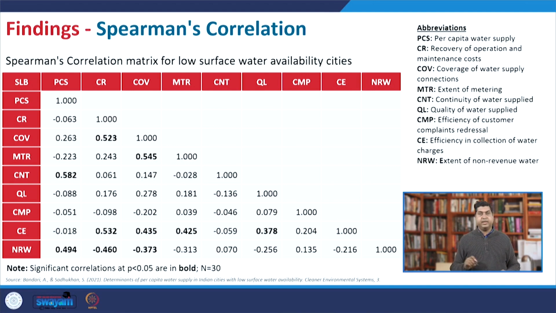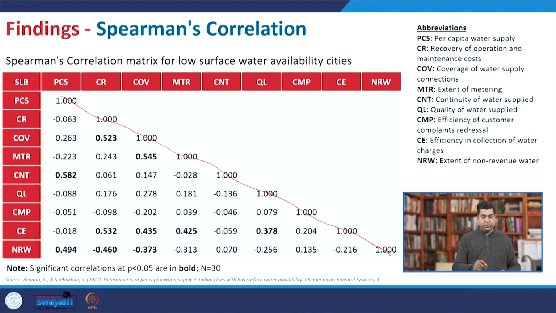This is what a correlation matrix table looks like, where you have all the variables in rows and all the variables in columns, and try to find the correlations. If you see diagonally, it is always 1, because the correlation between PCS and PCS is 1. This is a rule that is set.